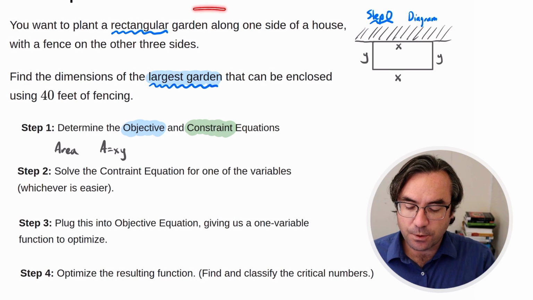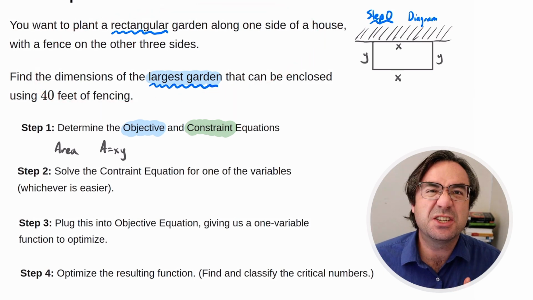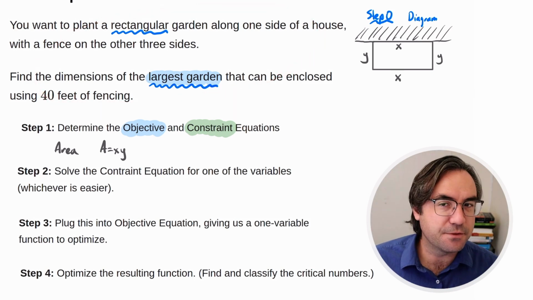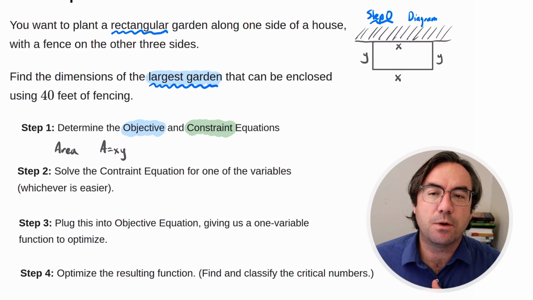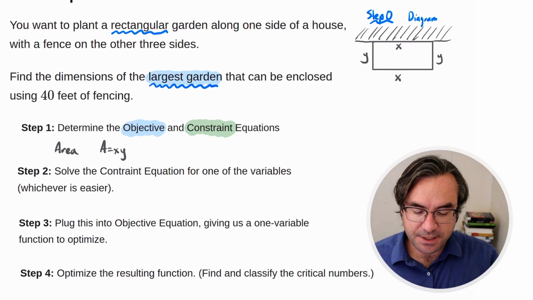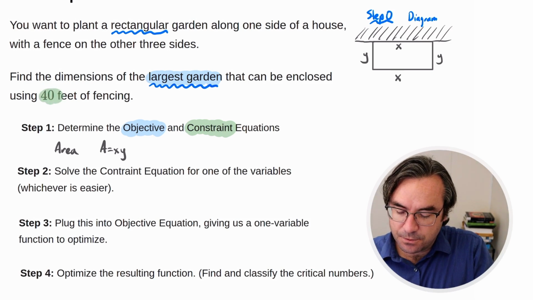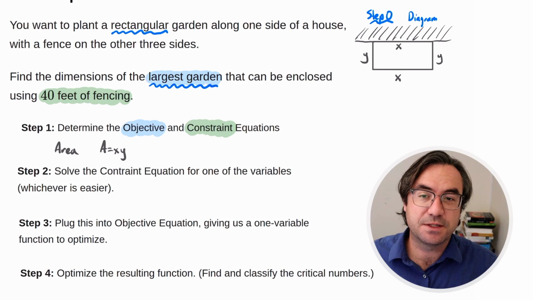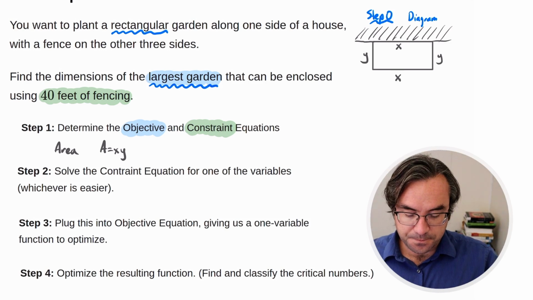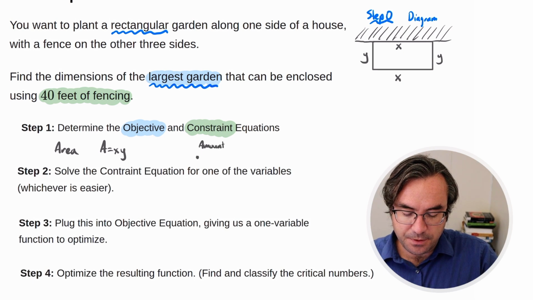So we want to look for additional information, usually in the form of a constant, that puts some limitation on what we can do. And in this case, we see it right here. We're only going to be using 40 feet of fencing. So that's going to be our constraint, the amount of fencing.